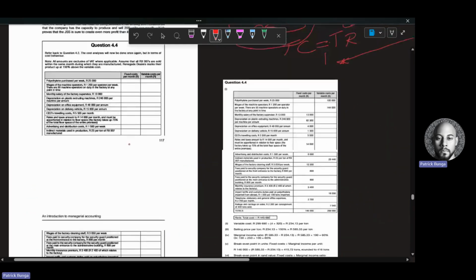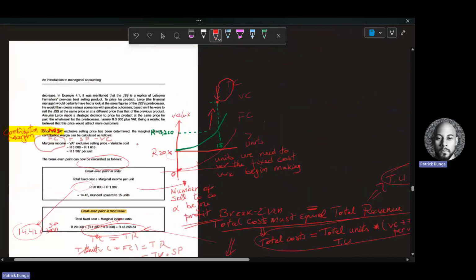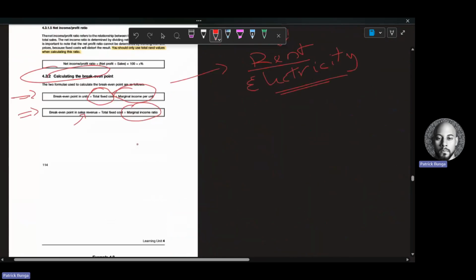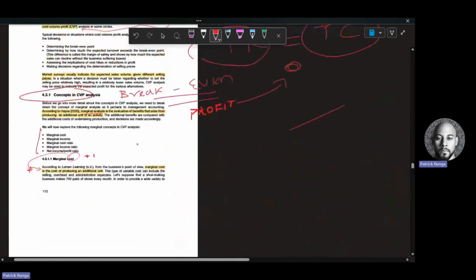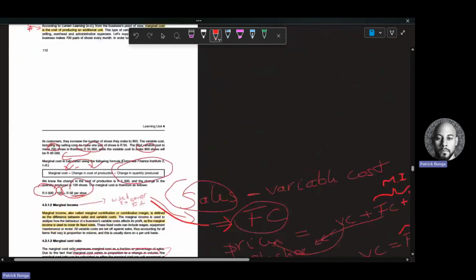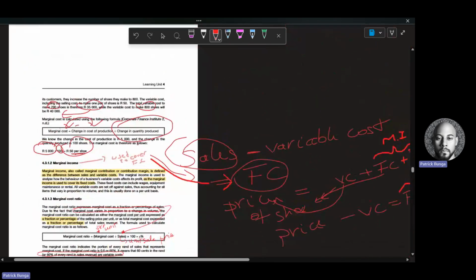So this is important for me to go back to what I was explaining here. Be careful here with this marginal income. So what is therefore the marginal income? The marginal income is basically, if you take your variable cost out, right?